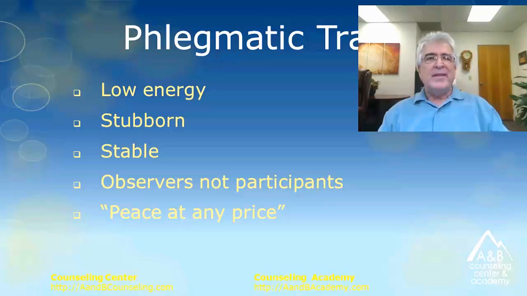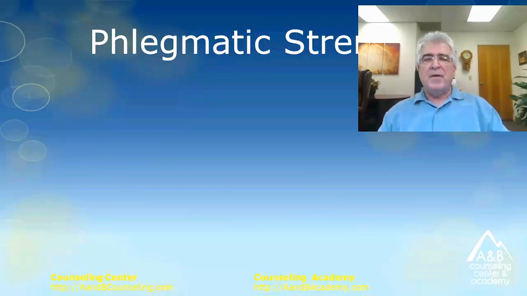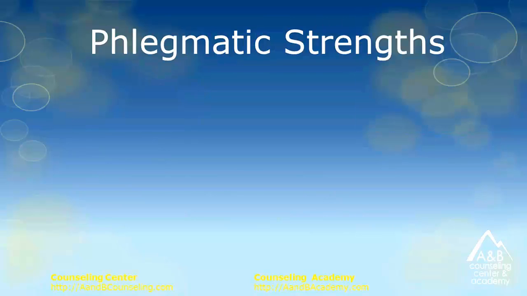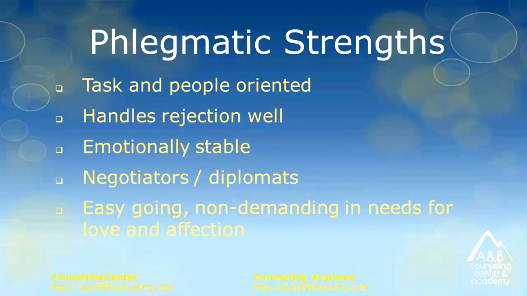And the key phrase they would use is that, because they're peacemakers, they're looking for peace at any price. Some of the strengths of the phlegmatic temperament are that they can be task-oriented and people-oriented. They do well performing tasks, but they can handle being around people as well. They tend to handle rejection well and don't typically let that bother them too much.